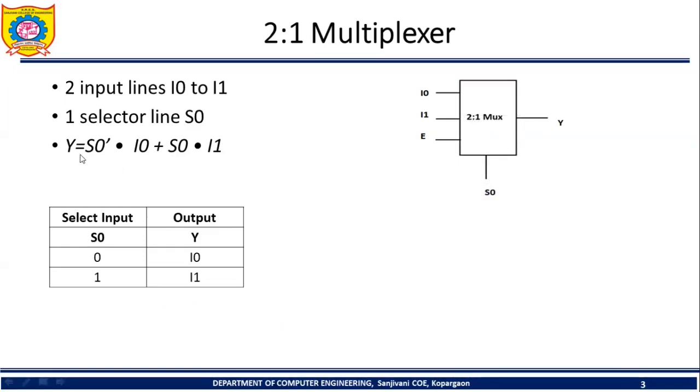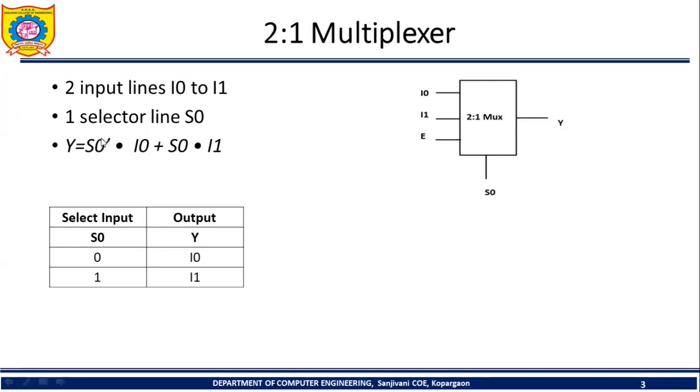Now from this expression, let's try to draw the logic diagram for the 2:1 mux. Which gates will we require? Looking at the logical expression for output Y, we will require one NOT gate, because we want S0 prime.